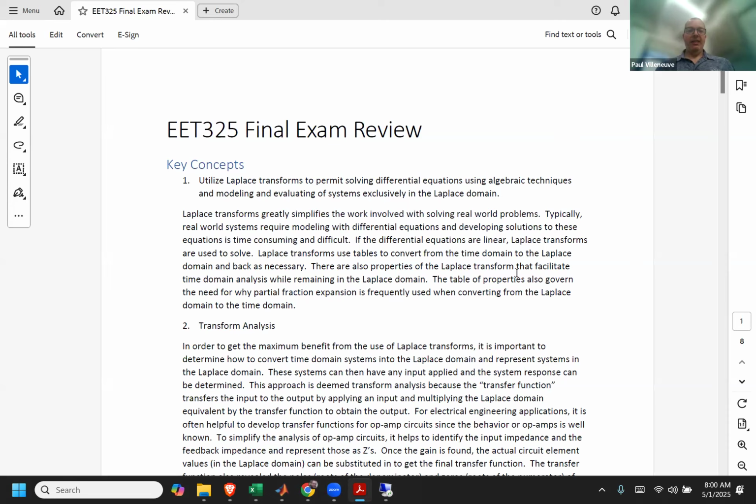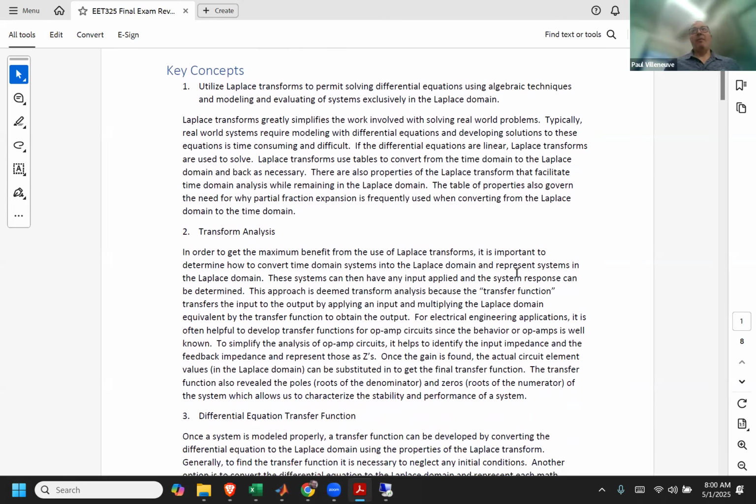So let's get started. Remember the whole purpose of the 324 and 325, not the main purpose, but the subtle side purpose, is to get you ready to take the FE. Since it's a requirement for all our EET students to take the FE, great, let's get you prepped.